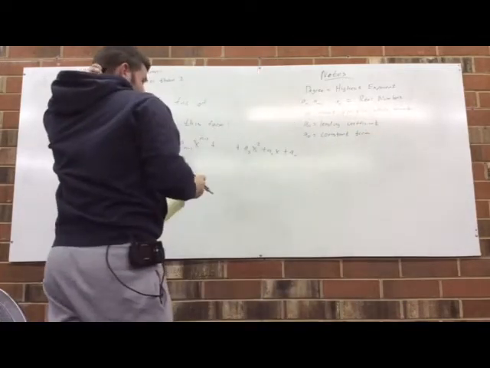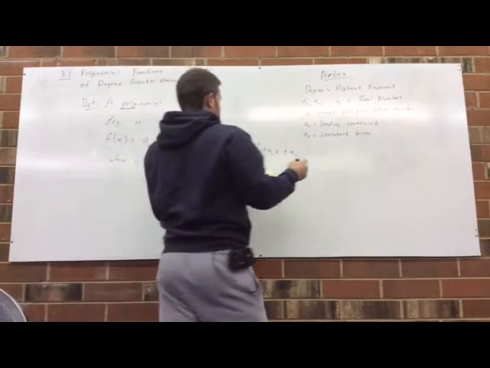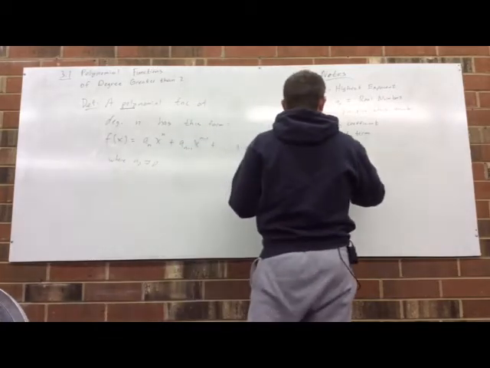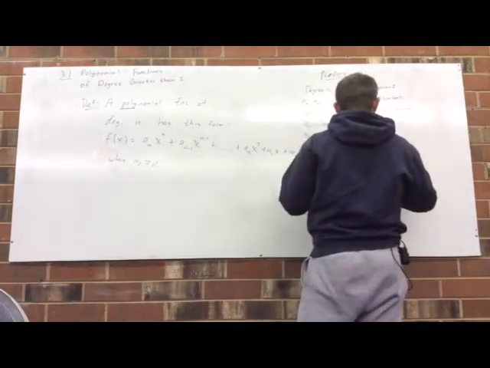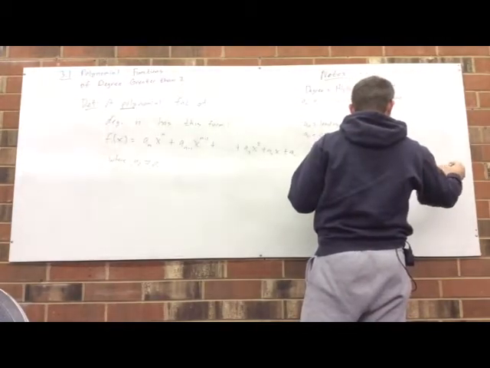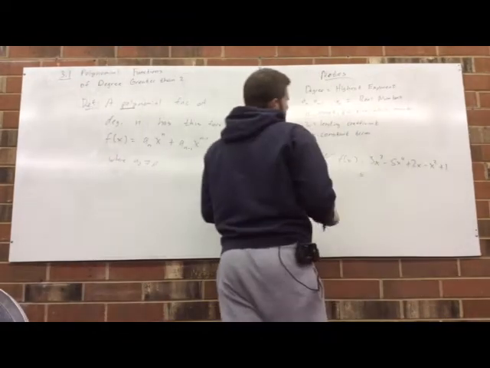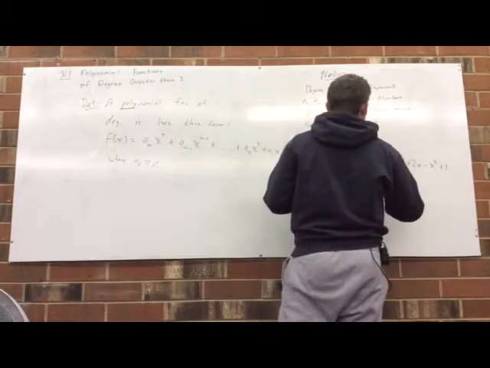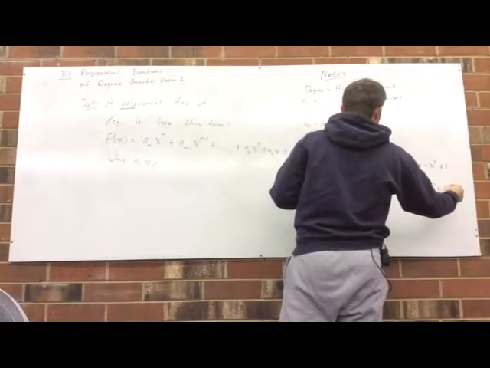So this is the way we're going to define the polynomial function. Let's give a quick example of what these terms mean. If I said f of x equals 3x cubed minus 5x to the 4th plus 2x minus x squared plus 1, we can rearrange that going from highest exponent as negative 5x to the 4th plus 3x cubed minus x squared plus 2x plus 1.